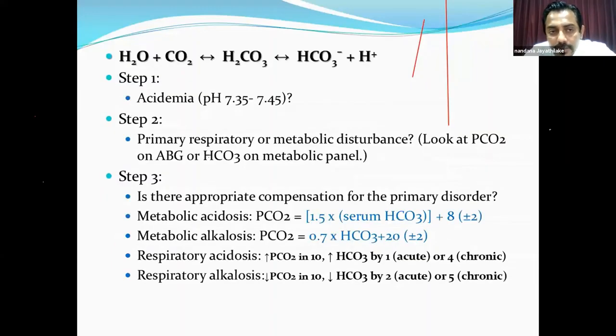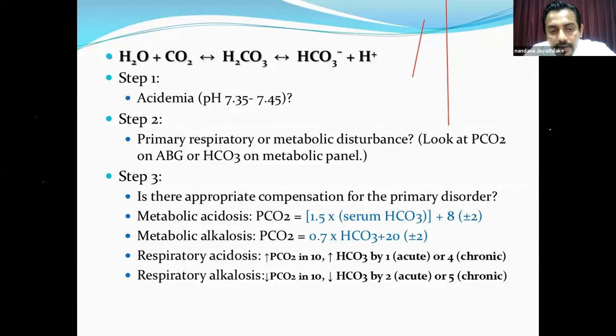Again, a summary, not the last summary. Carbon dioxide dissolves in water making bicarbonate and H+. First step, we have to look for whether there is acidemia. Step 2, whether it's a primary respiratory or metabolic cause; we have to find the primary cause.